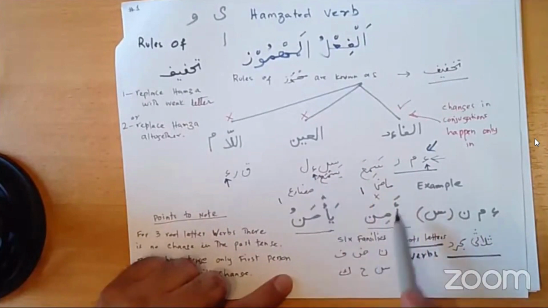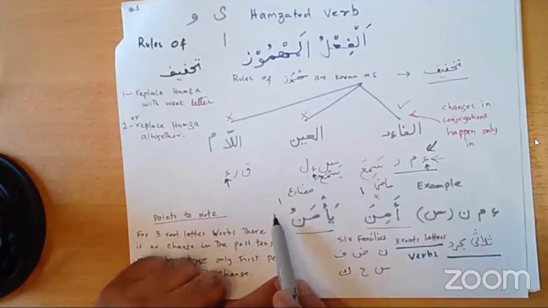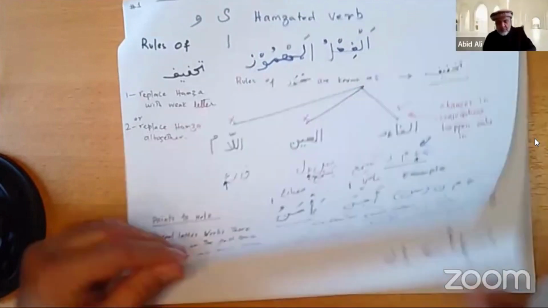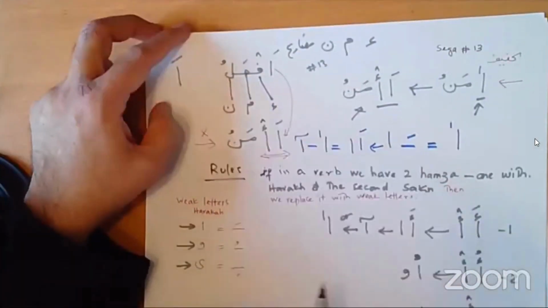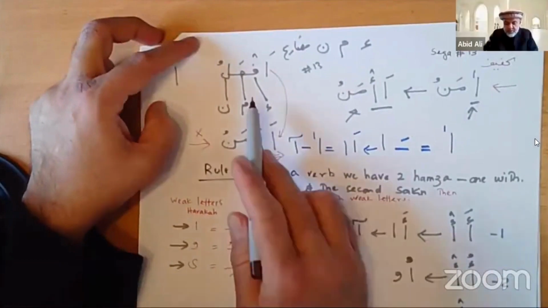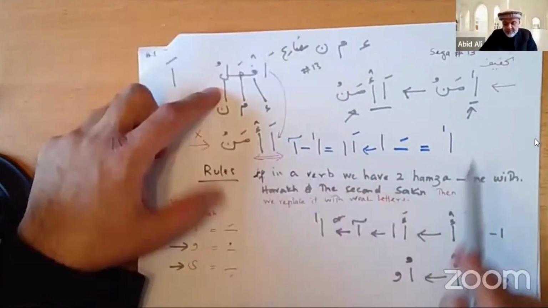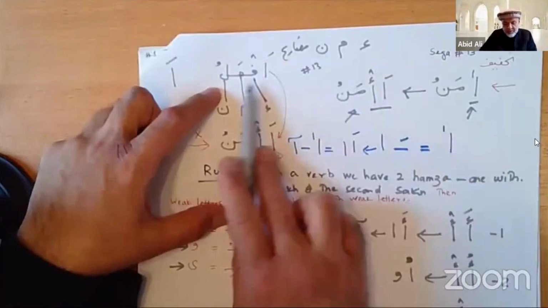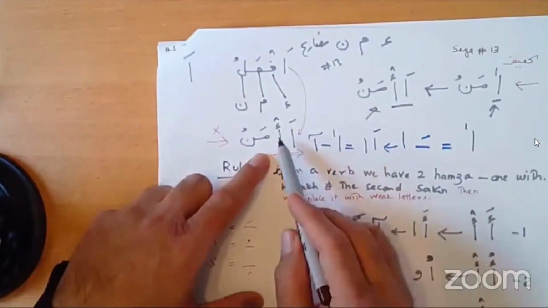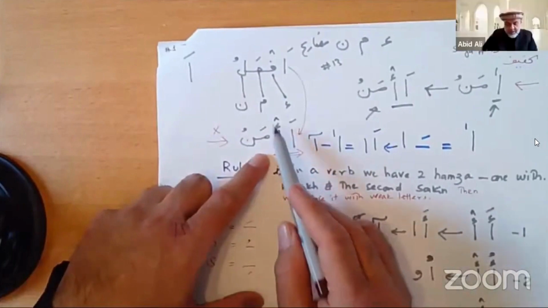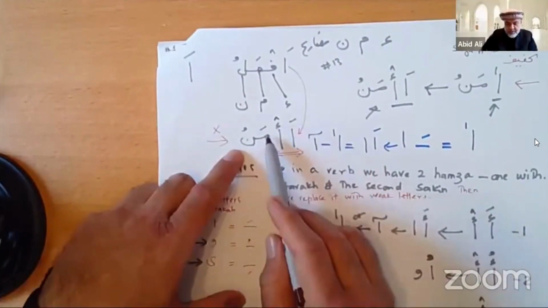Amina, Ya'manu. But in order to understand this, we have to go to Siga number 13. What is Siga number 13? Af'alu. Siga number 13 is Af'alu. Now when you put the Hamza, Mim, Noon in the Af'alu, it will become Hamza with the fatha, the second Hamza with the sukoon, then the Mim and the Noon.